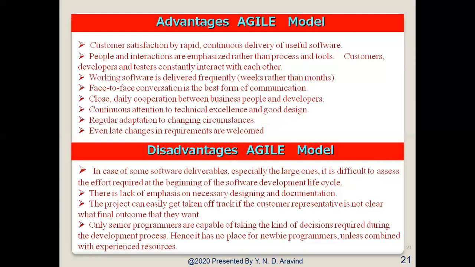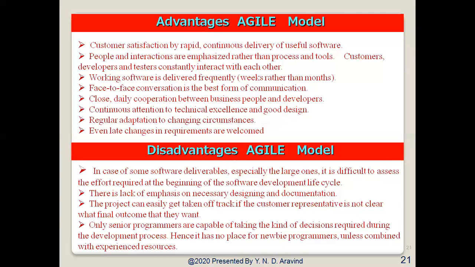So this effectively gives the customers the finished system that they need. Okay. So here, in this Agile model, only senior people can take decisions, and it needs high expertise.